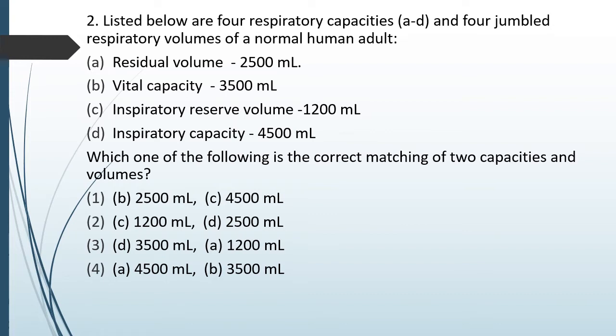The correct answer is option 3, that is the inspiratory capacity is 3500 ml and the residual volume is 1200 ml. So see, the columns are two different columns: residual volume, vital capacity, inspiratory reserve volume and inspiratory capacity. This is one column and the volume given in front of them is a jumbled volume. So out of these 4 volumes you have to identify which one fits which volume or capacity correctly.